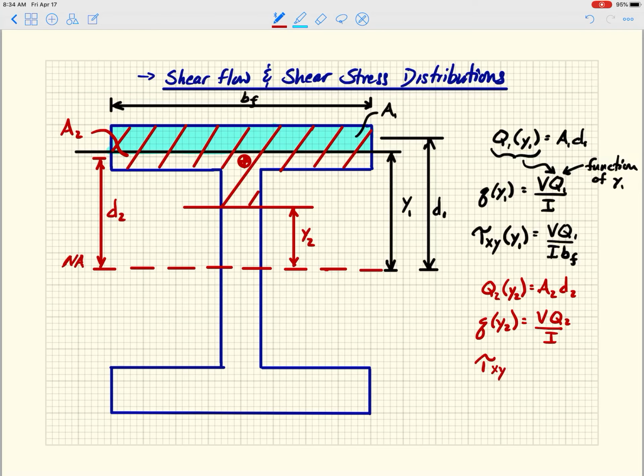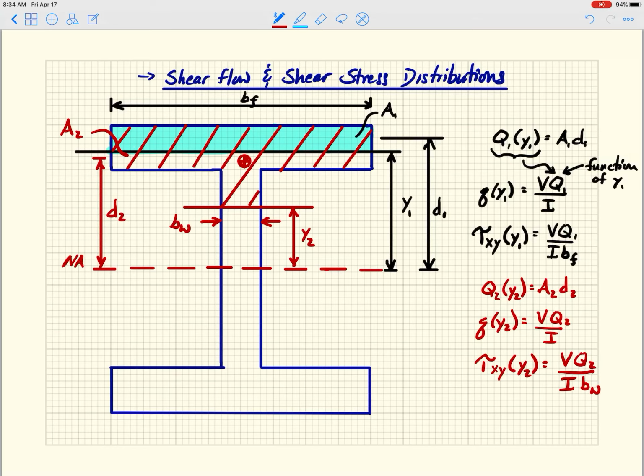And then my tau xy, also a function of y2, is now VQ2 over I, and now I'm going to divide it by not the width of the flange, but the width of the web, right? And so I guess what I'll do is I'll show it here. Right, so the width of the web, the closest to the neutral axis, basically where I'm taking that cut, that's what I divide shear flow by to get shear stress.